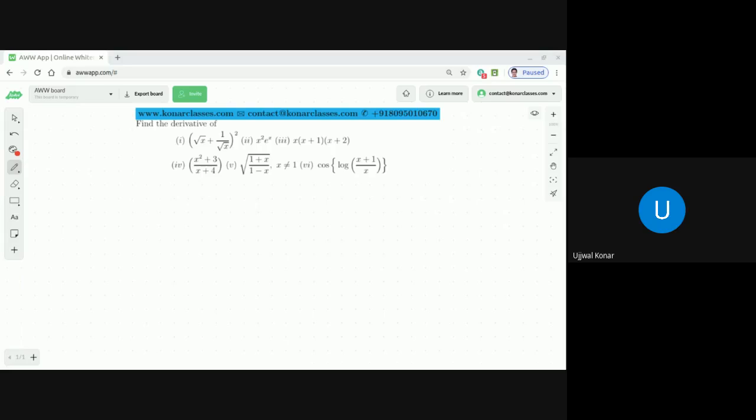Come again, Mohor, what did you say? I said e to the power x into, in brackets, 2x plus x squared. Fantastic, that is the correct answer. Divansu, what did you say? X cubed by e plus 2.